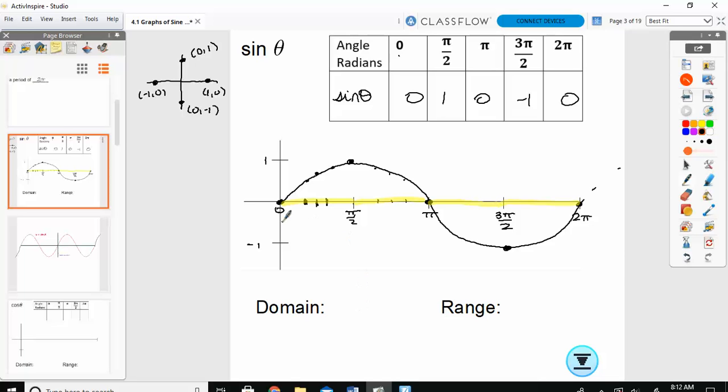Domain. What x values do I hit on this? We only graphed from 0 to 2 pi, but we said it's going to keep going. So what's my domain? My range, though, what y's do we hit? Everything between -1 and +1.